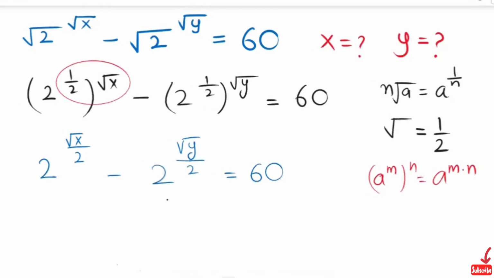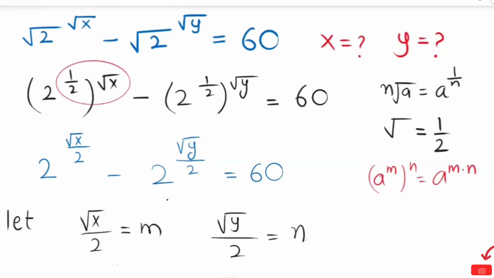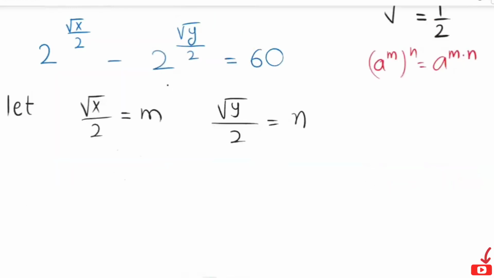Now here I will let root x over 2 equal m, and root y over 2 equal n. So this equation turns into 2 to the power of m minus 2 to the power of n is equal to 60.